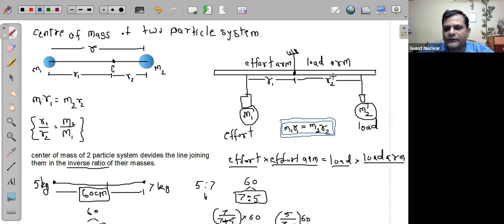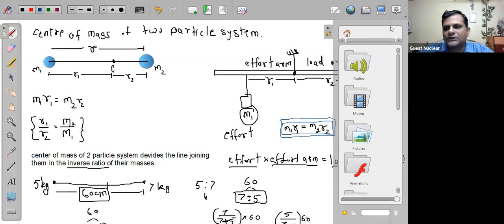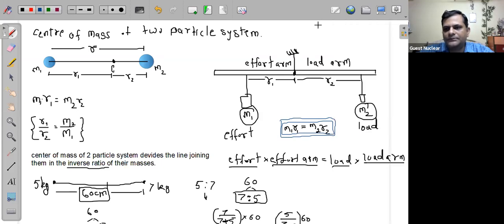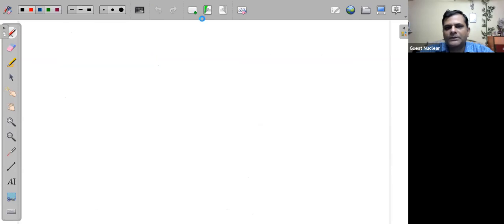And now we can just use this fact in order to find out the center of mass of multiple particle system. Okay, now we just focus on finding the center of mass of three particle system.